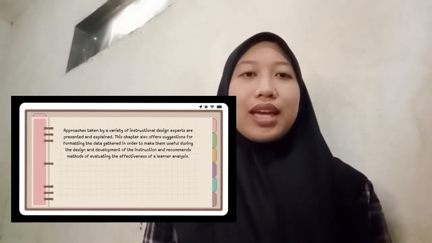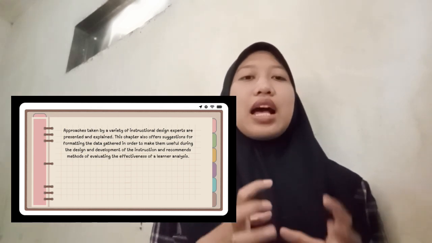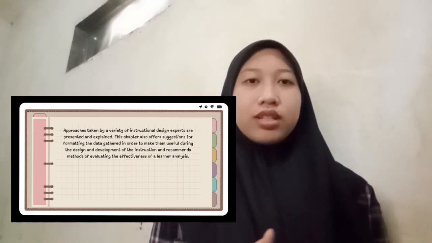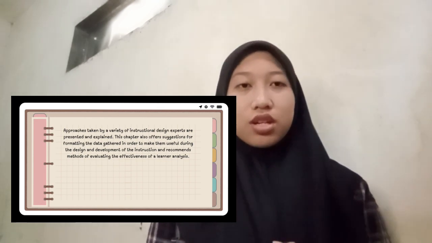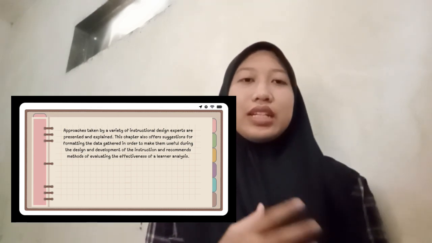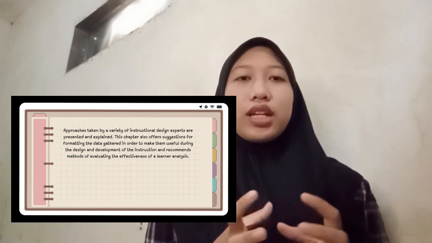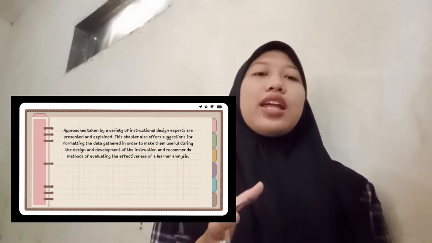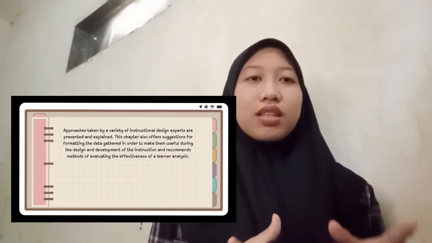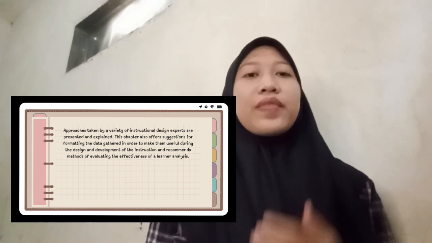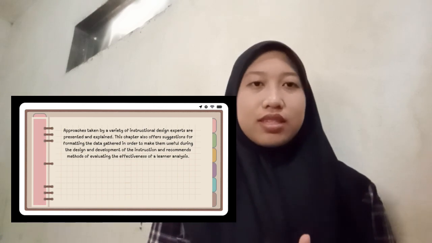Approaches taken by a variety of instructional design experts are presented and explained. This chapter also covers suggestions for formatting the data in order to make it useful during the design and development of the instruction, and recommends methods of evaluating the effectiveness of a learner analysis.